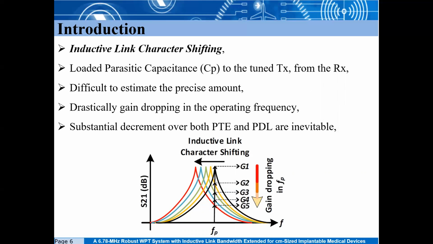This issue is inductive link character shifting, which happens due to the parasitic capacitance loaded to the already tuned RX circuit from the implanted side. The value of CAP is different in various tissues, and thus it is difficult to estimate the precise value. Inductive link character shifting results in a drastic gain drop at the operating frequency.